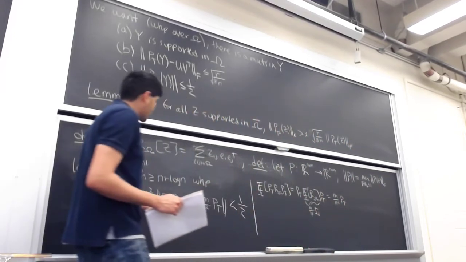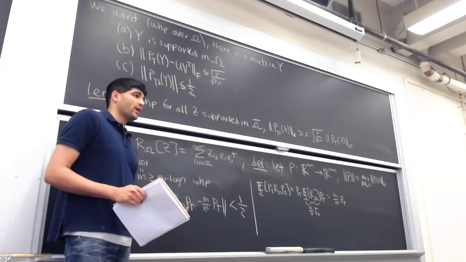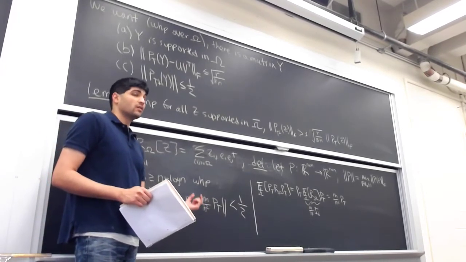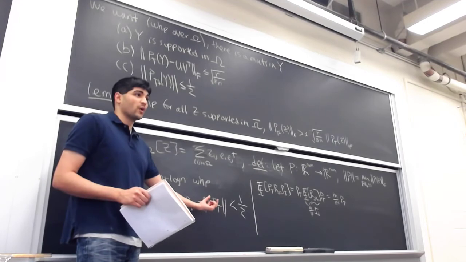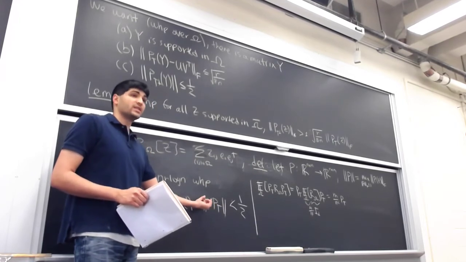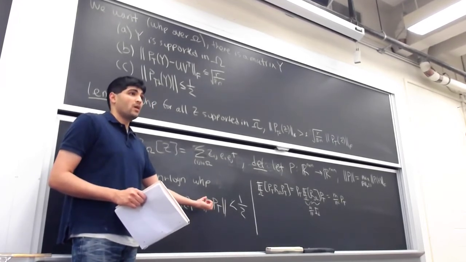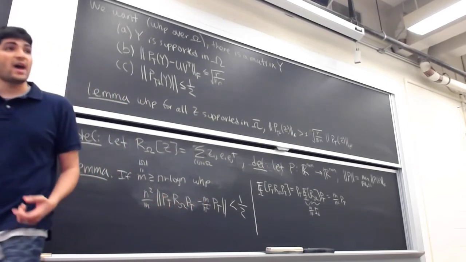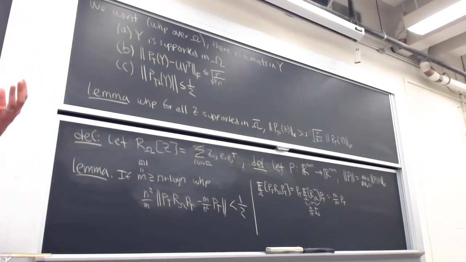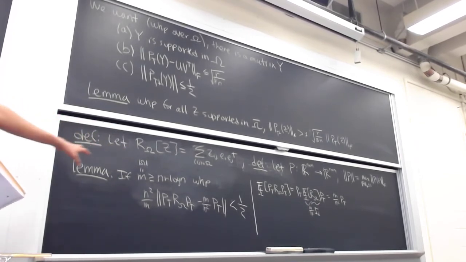So this is really a question about why some random operator is close in the norm of it as an operator to what its expectation is. And there's actually a way to think about this as a sum of independent random matrices. So let me explain how you should interpret this statement. And we're not going to fully prove it, it's just a matter of using this matrix Chernoff bound.